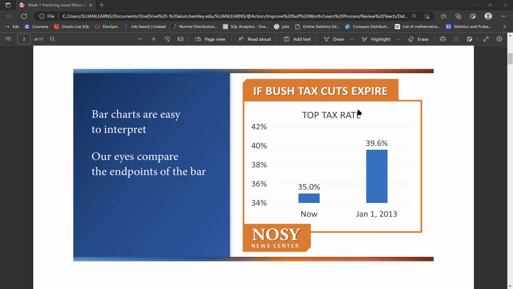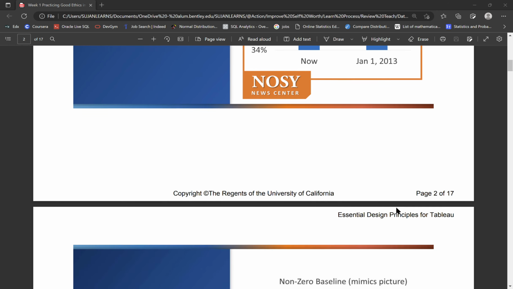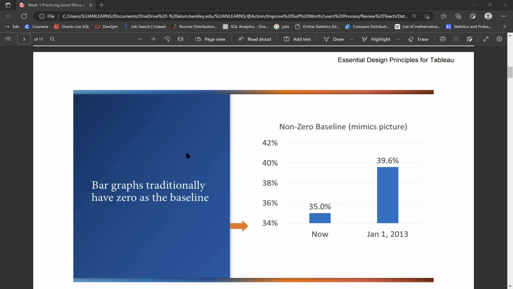But there is a problem with this graph. This graph is skewed because the baseline of this graph is 34%, and this is misleading to the users of this graph.